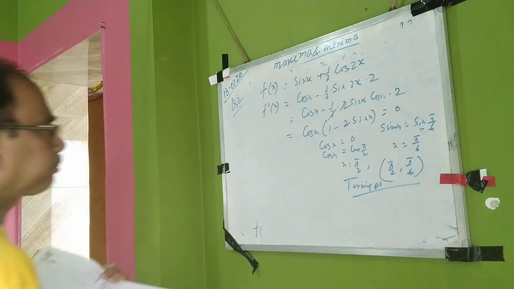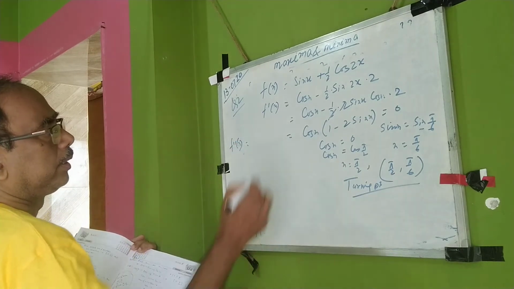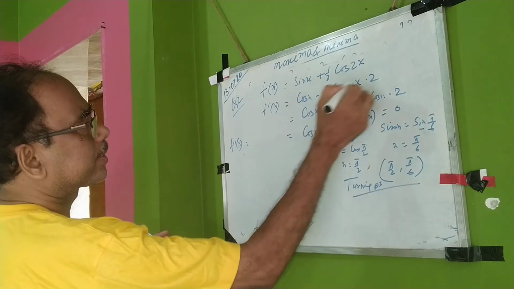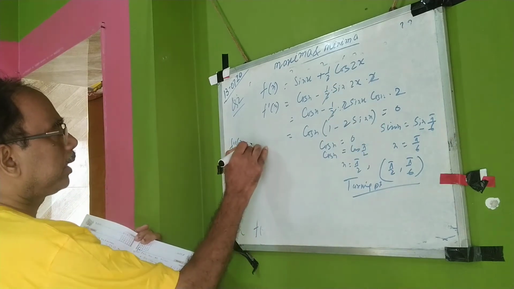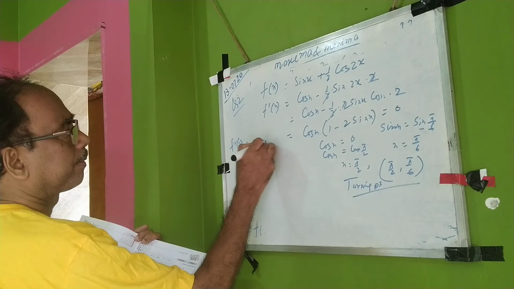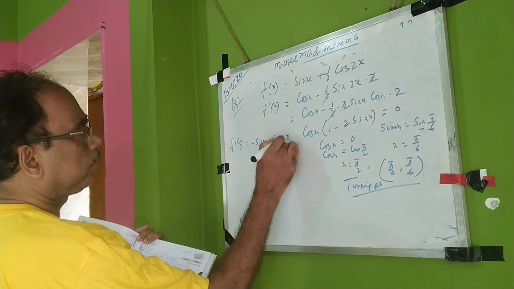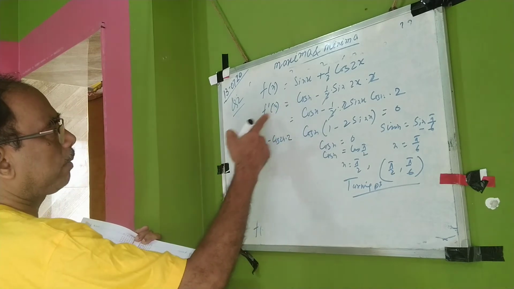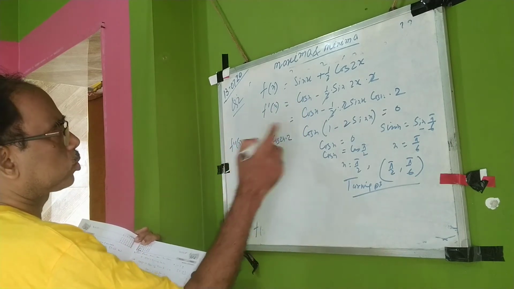Now, you have to find f double dash x. This is f dash x, f double dash x. That is minus sin x minus cos 2x into 2. Derivative of f dash x: minus sin x minus cos 2x into 2.